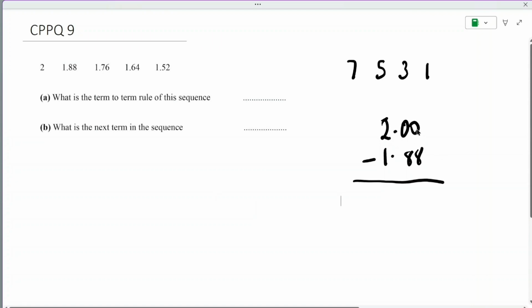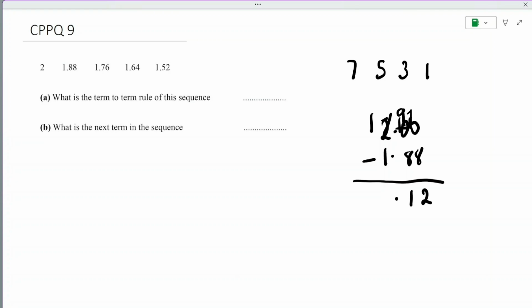We start from behind. 0 minus 8. 0 is smaller than 8, so we can't use 0. We have to borrow from these 2. So we borrow from these 2. This becomes 1. This is now 10. We borrow from this 10, we'll be left with 9. This will now be 10. 10 minus 8 will give you 2. 9 minus 8 will give you 1.